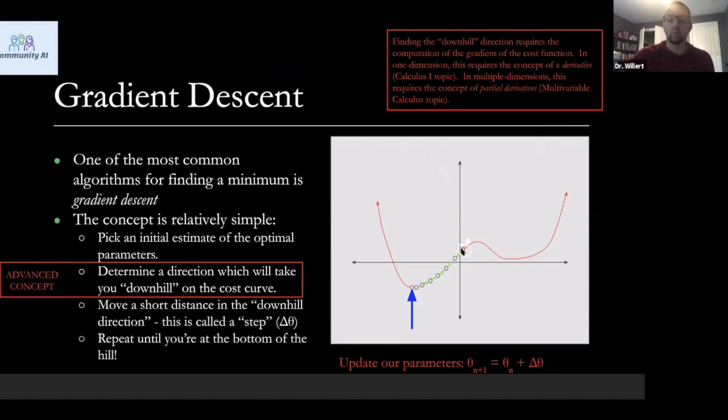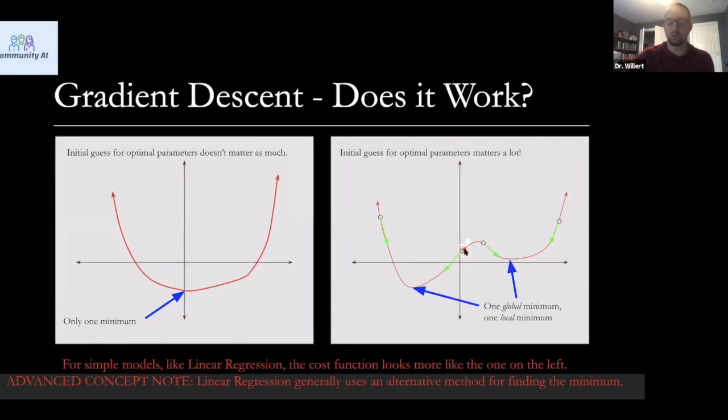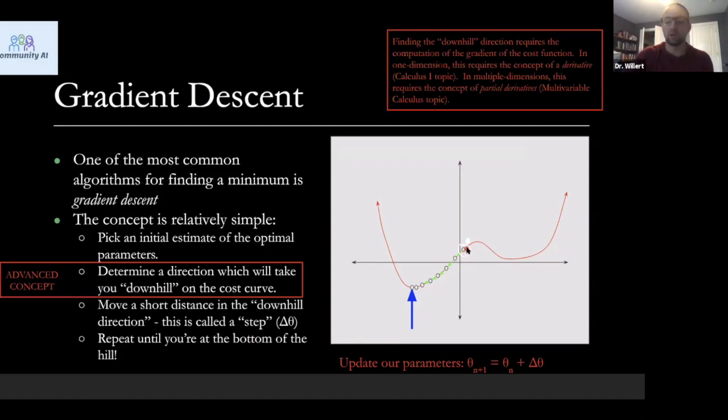So we'll begin at this point. This point is our first estimate of the optimal parameters for our model. Essentially, the gradient descent algorithm asks, which direction is downhill? In this case, looking at this function, if we were to move the parameter to the right, it would go uphill.